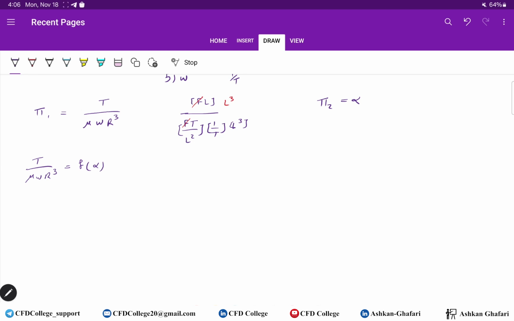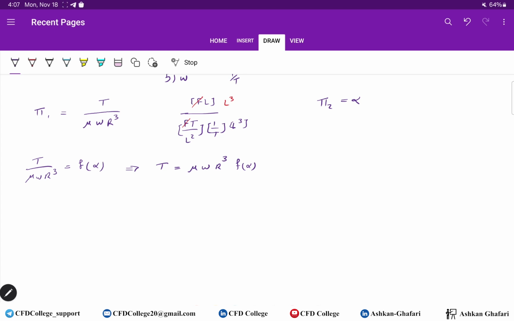So if alpha is fixed, it means that we have this relationship. Actually, it's not like this, so let me erase this. Let's say in another way, T equals mu omega R to the power 3, and an expression for alpha.